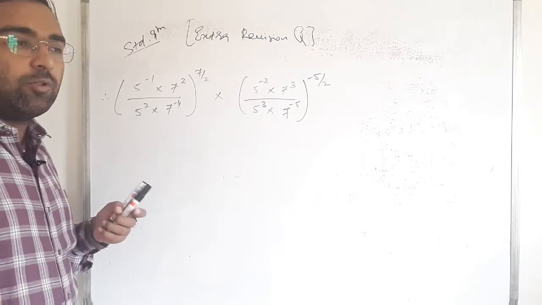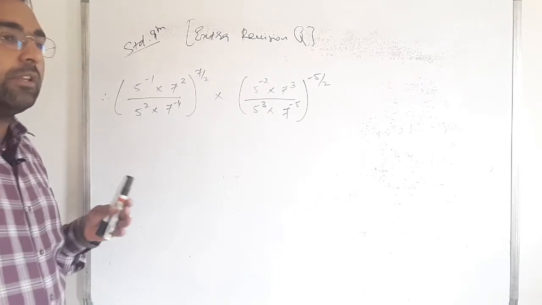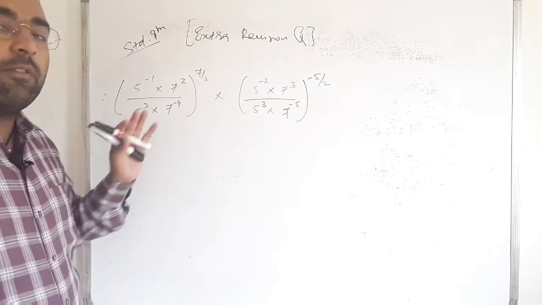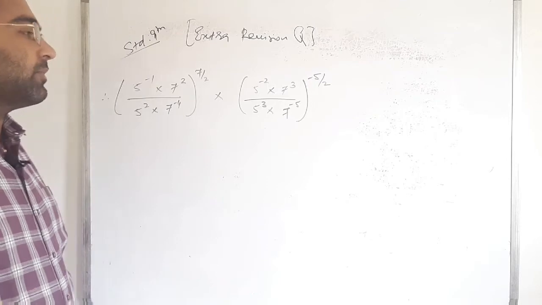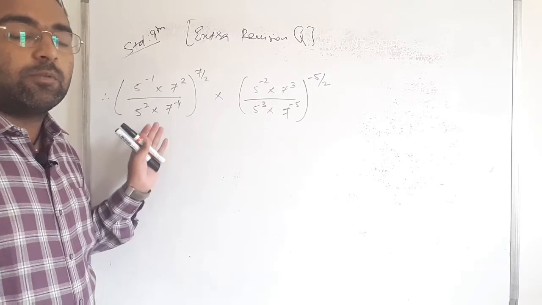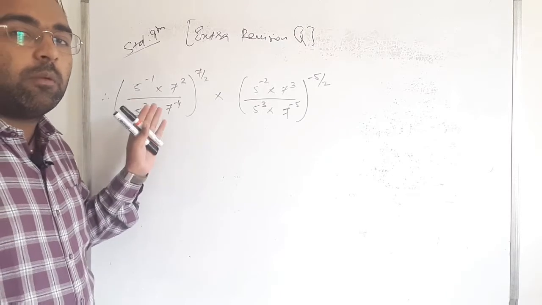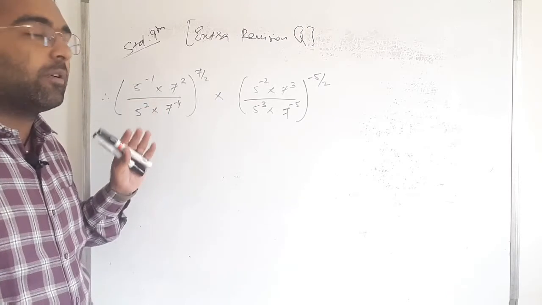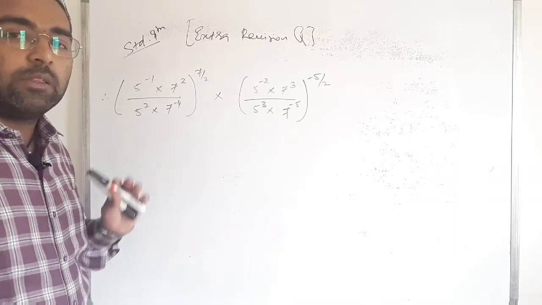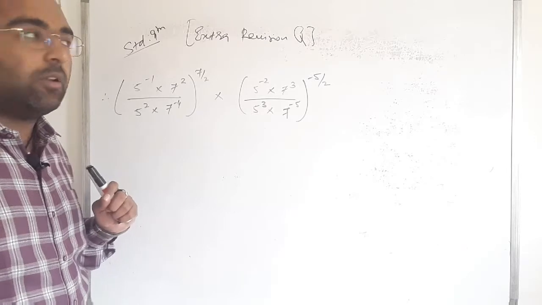So we should follow the laws with always positive powers. So here first of all we have to convert the powers into positive. Whenever I have to convert the power into positive, the base number should be replaced with its reciprocal.